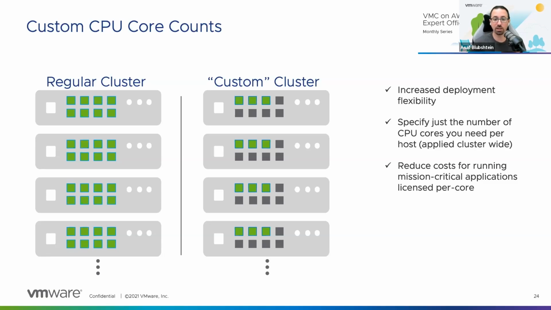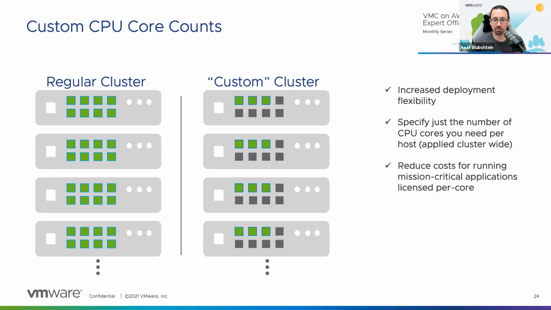So you're still getting the same CPU, for example, whether it's an i3 or i3en, but let's say with an i3, instead of getting 18 cores per CPU, so 36 cores in total, you can have 8 cores per CPU, which will give you 16 cores total.